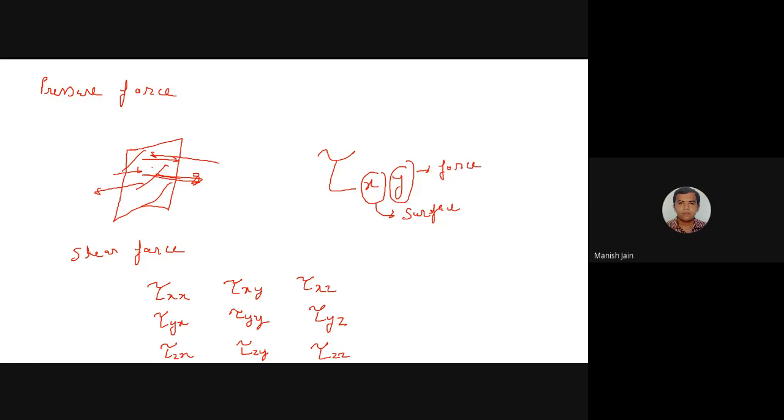So these are the forces applied on the x-directed surface, these are the forces applied on the y-directed surface, and these are the forces applied on the z-directed surface.